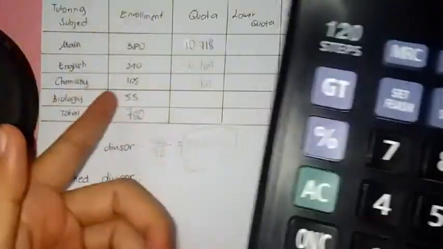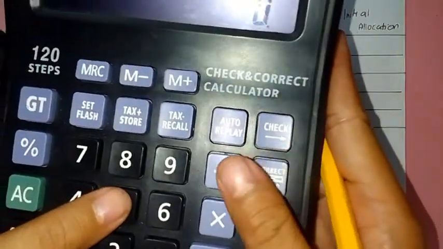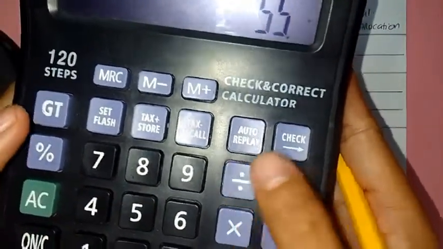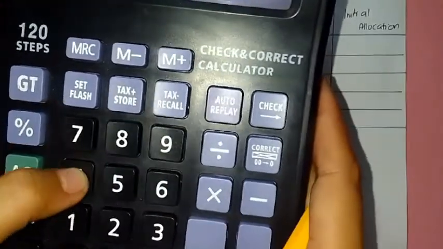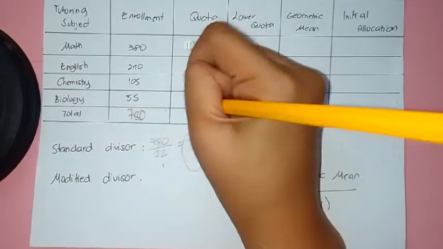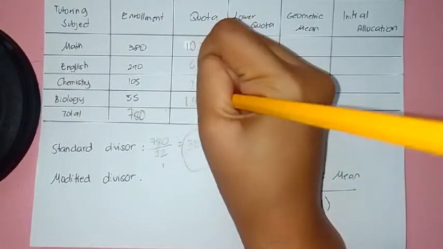So, last, the biology. 55 divide 35.4545 equals 1.551.